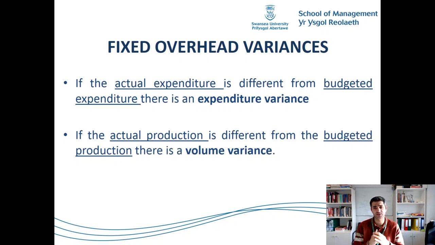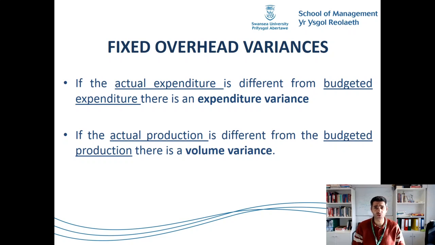So far 6 variances. Today we will study 4 other variances. So at the end of the lecture, you should have 10 variances in front of you, so you can use them when it comes to preparing the operating statement.